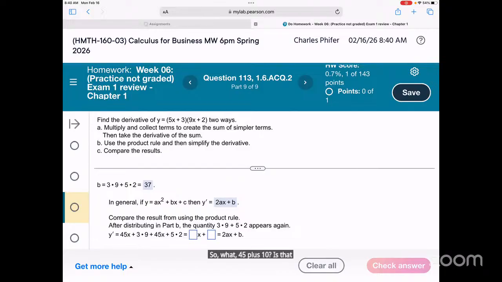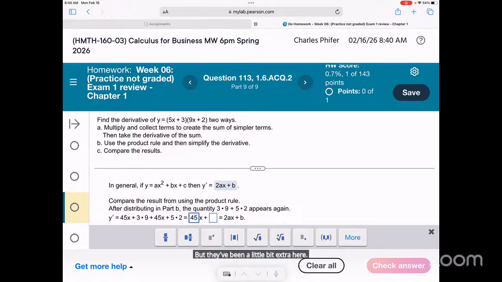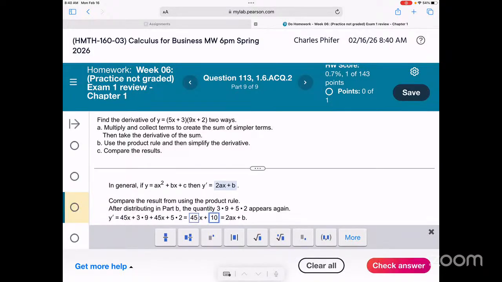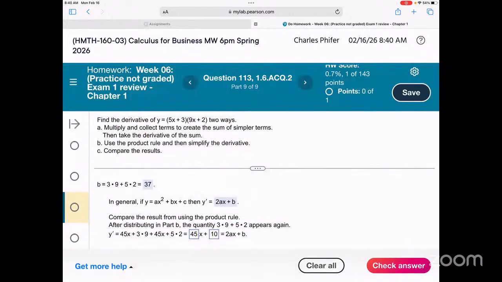Is that what they want? They've been a little bit extra here. Part B. Oh, 90.